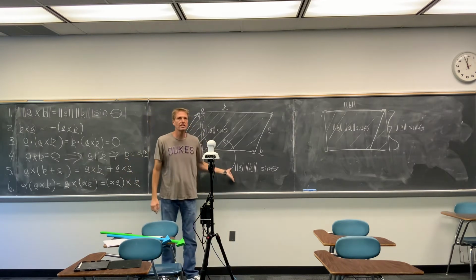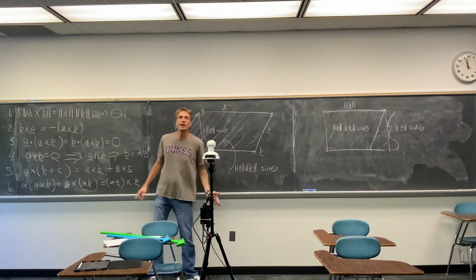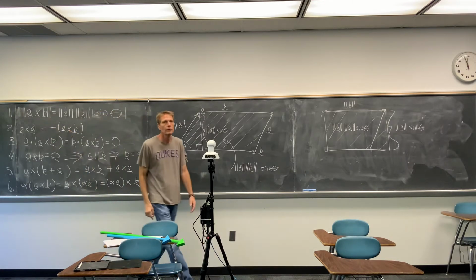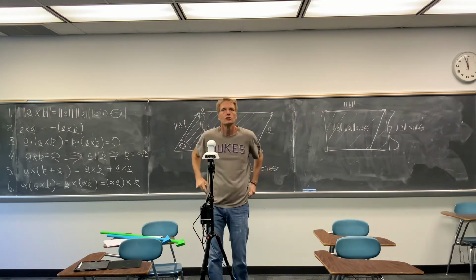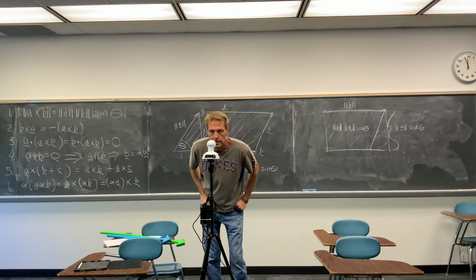Now, do you see this expression anywhere else in the room? And you're like, oh, damn it, Dr. Warren, it's the same thing as the norm of A cross B. So write this down.